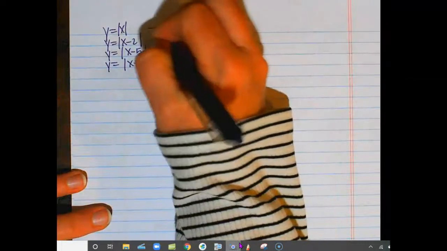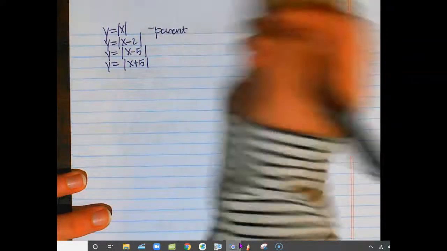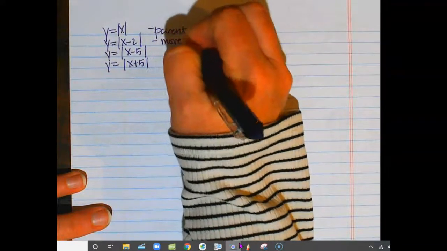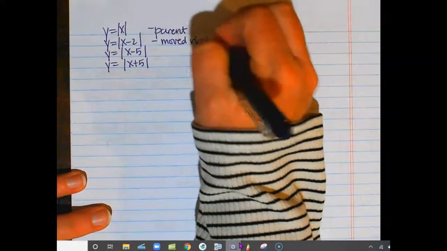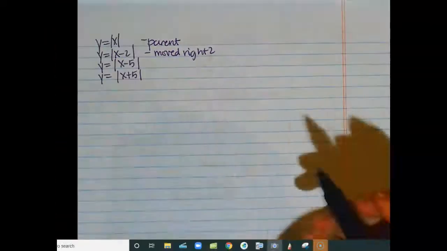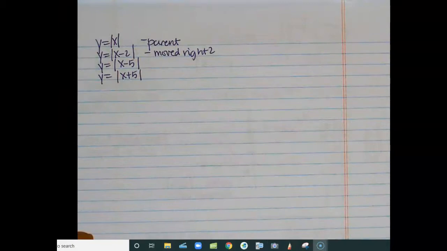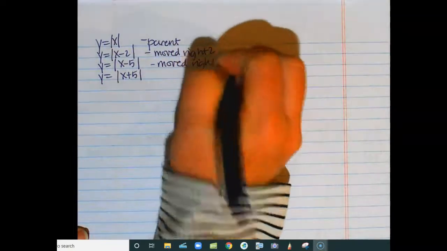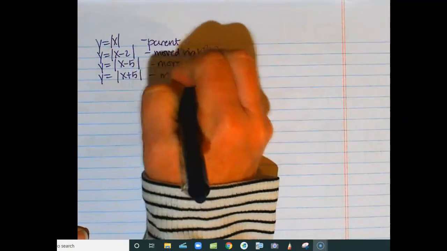And this is the parent. This one moved right 2. Okay, and then this one also moved right, but 5, and this one moved left.